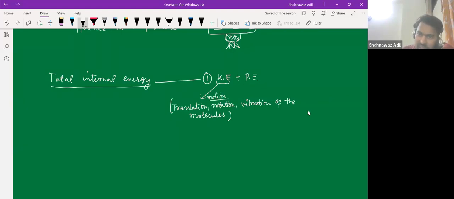And this potential energy comes from the interaction between the molecules.